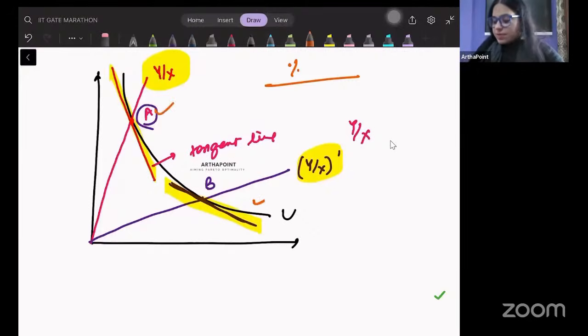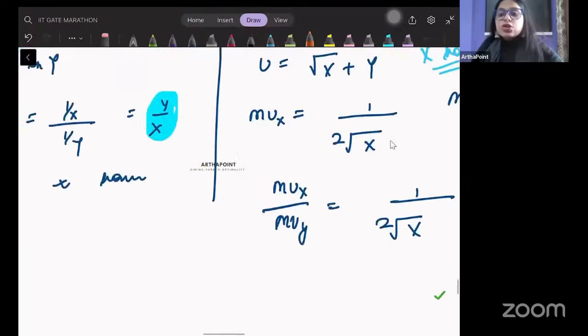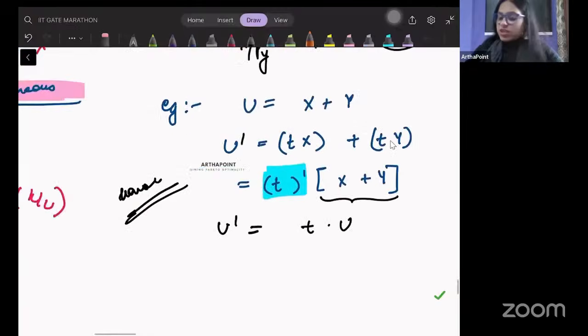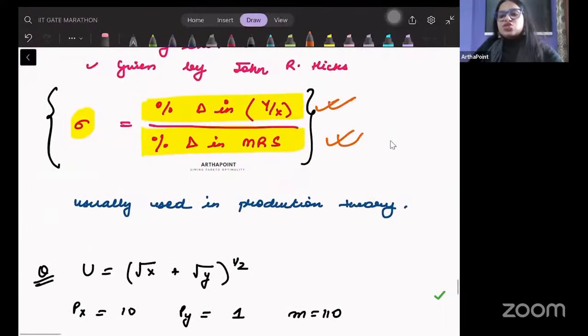When we went from A to B, the line through the origin changed and the slope also changed. But what is their ratio? What is the percentage change in y by x when MRS is changing? That is elasticity of substitution. Again, it is more useful on the production side, so we will revise it there once again. But as of now, just remember it like this.